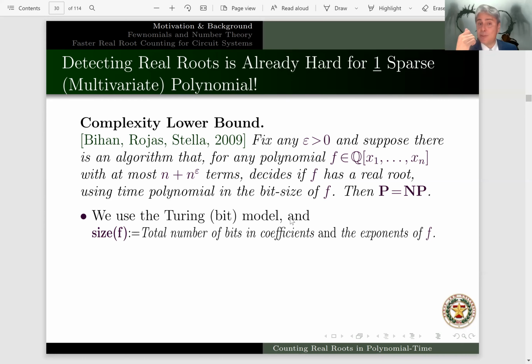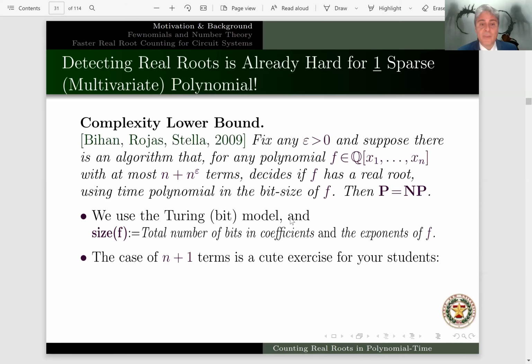Okay, this actually is natural because the size that I'm talking about is really the total number of bits when you write down the coefficients and the exponents. Okay, I'm not cheating. And also, if the coefficients are rational, well, we look at the numerators and denominators in lowest terms. Okay, or if you like, the height of the corresponding rational number. Okay, so if you instead look at n equations and unknowns with a total of n plus 1 distinct exponent vectors, this is actually not so hard, and it winds up being a cute exercise.